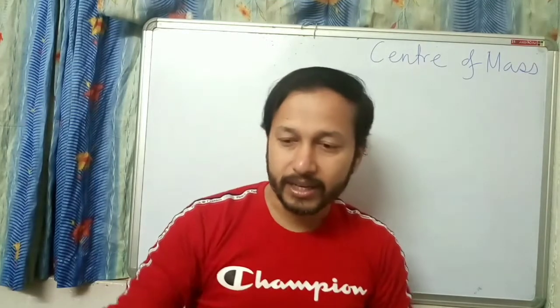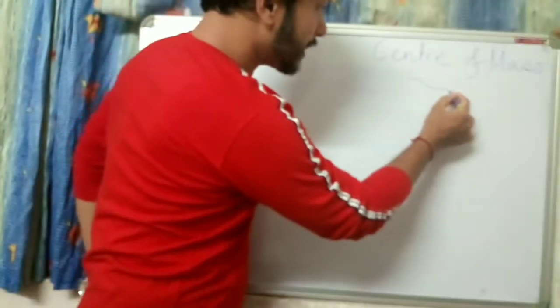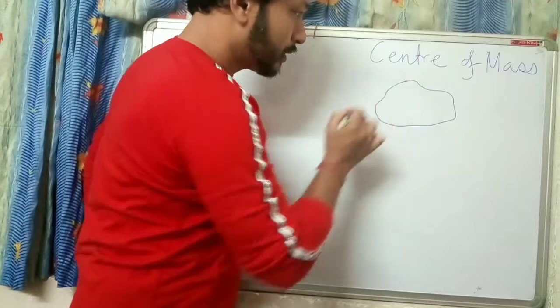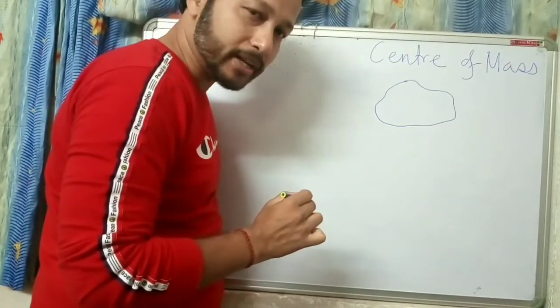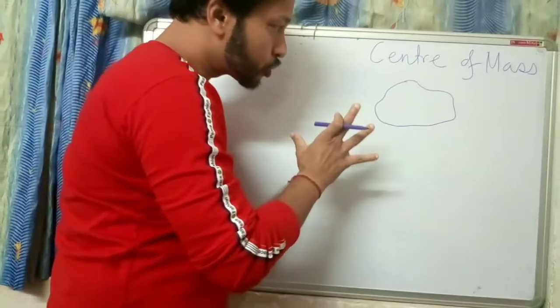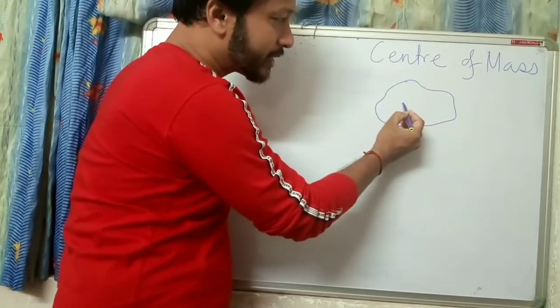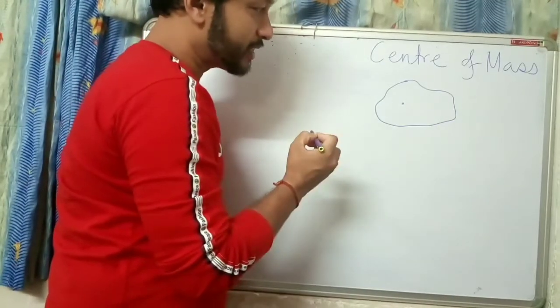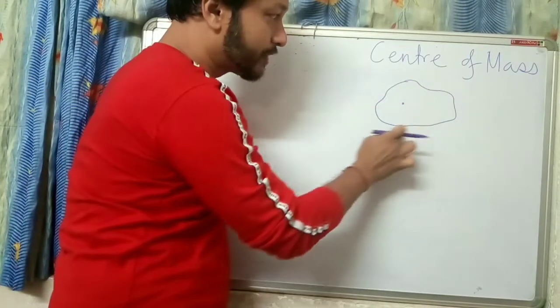Let me draw that figure. Say this is my stone, which is an irregular shaped body. It doesn't have a regular shape. So I can say there is a particular point containing the whole mass of the body.